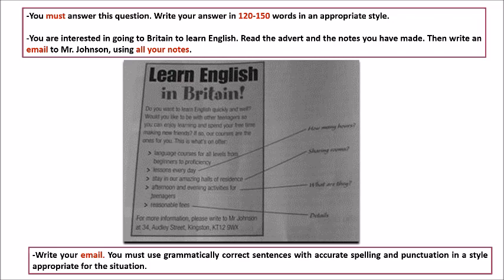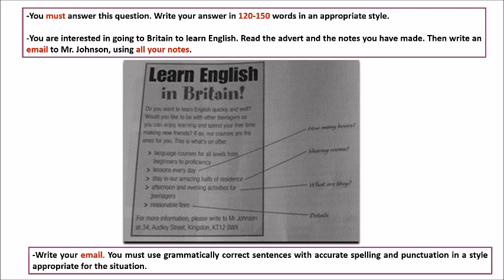Lessons every day. Stay in our amazing halls of residence. Afternoon and evening activities for teenagers. Reasonable fees. For more information, please write to Mr. Johnson at 34 Audley Street, Kingston.